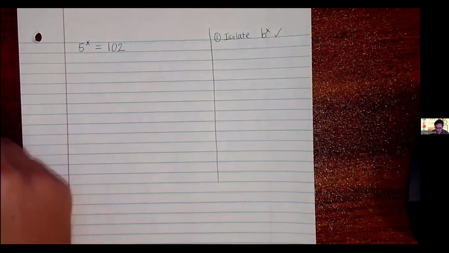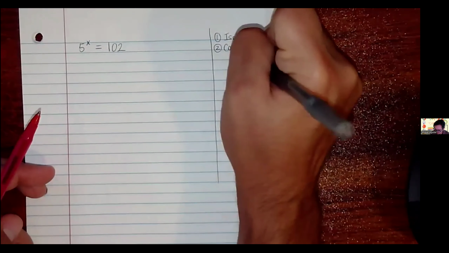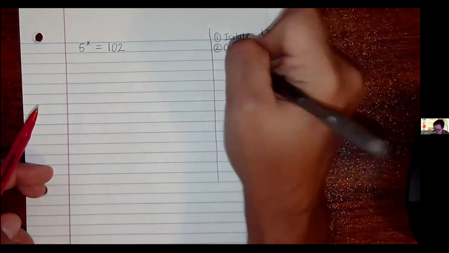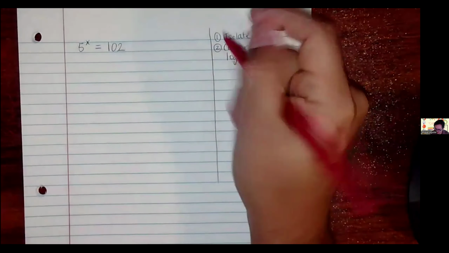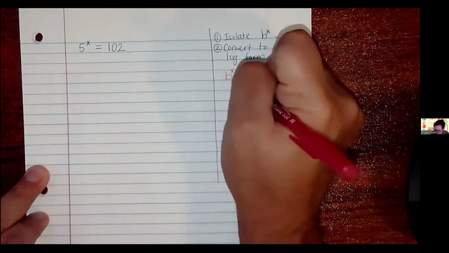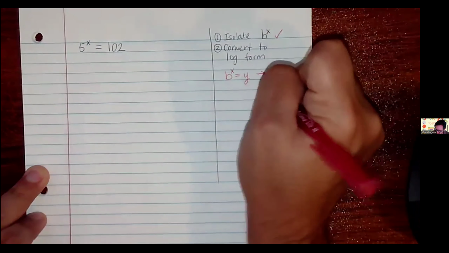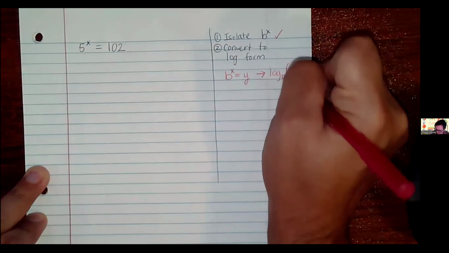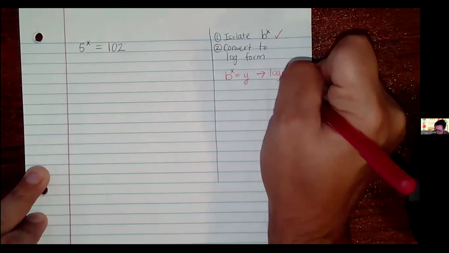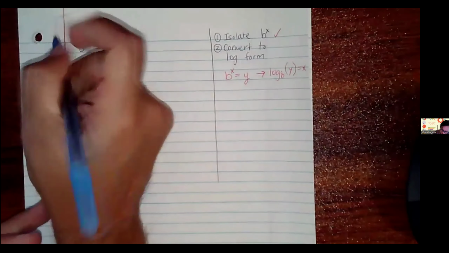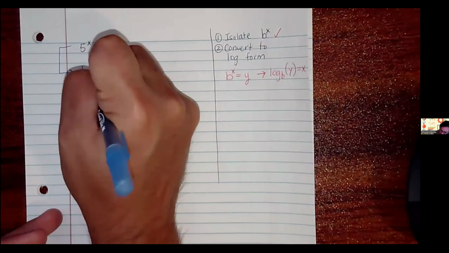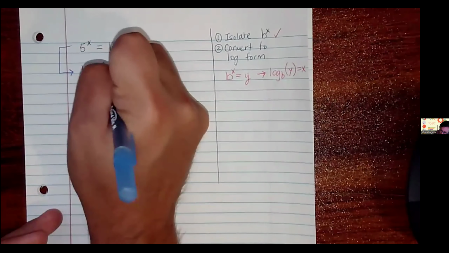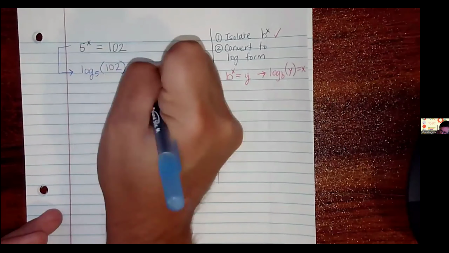Okay. So then the next step we're going to be looking to do is just convert to log form, which is where you might want to get that formula to sort of guide you. B to the x power equals y gets transformed to log base b of y equals x. Okay, so I'll go back over here and draw my little arrow to say that this should now be log base 5 of 102 is equal to x.